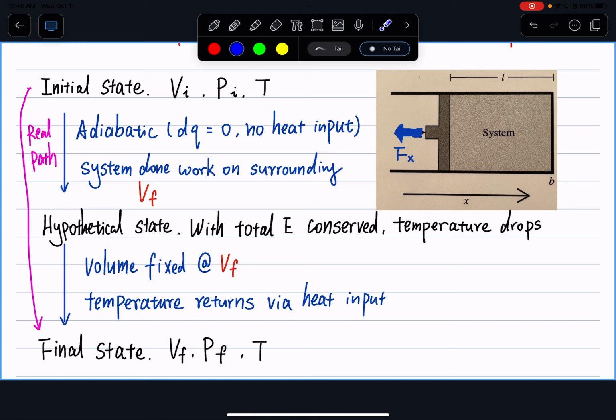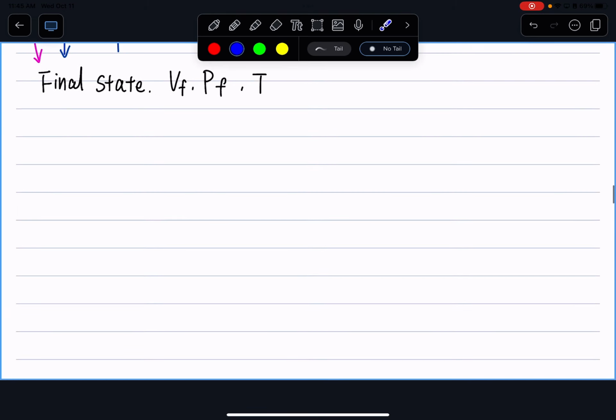Okay, so let's look at the equations, it might be easier. Let's assume it is an ideal gas, so we have PV equals nRT.